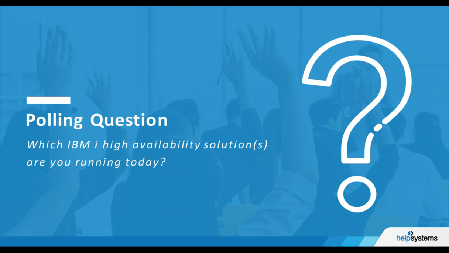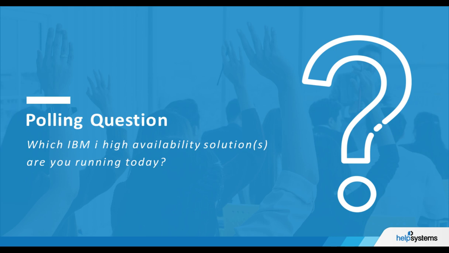Maybe it's VM Recovery Manager for HA. Maybe it's Flash Copy. Is Flash Copy a high availability solution? We're going to delve into that as we go through today. Or maybe you have something else that we haven't thought of today that you're running to manage your infrastructure, or maybe you have no high availability solution at all.